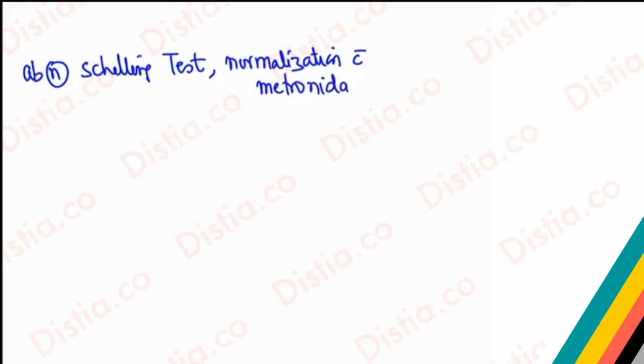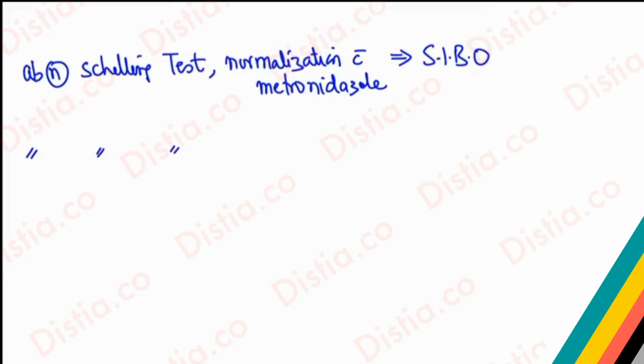How did that happen? Metronidazole killed those excessive anaerobes, normalcy was obtained, and the end result was normalization of Schilling's test. The disease we are talking about is what we just discussed a few seconds ago, bacterial overgrowth syndrome or small intestinal bacterial overgrowth.